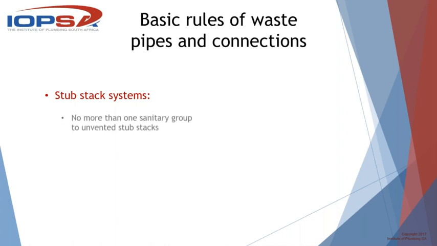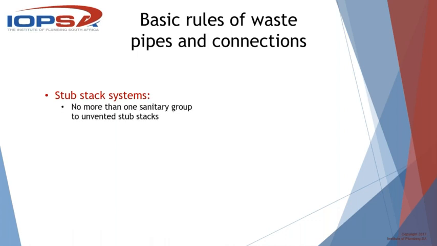In stub stack systems, I will start by saying that there are two basic types of stack systems in plumbing: the one pipe system and the two pipe system. The two pipe system has a separate waste stack, so soil and waste don't mix before they get underground.